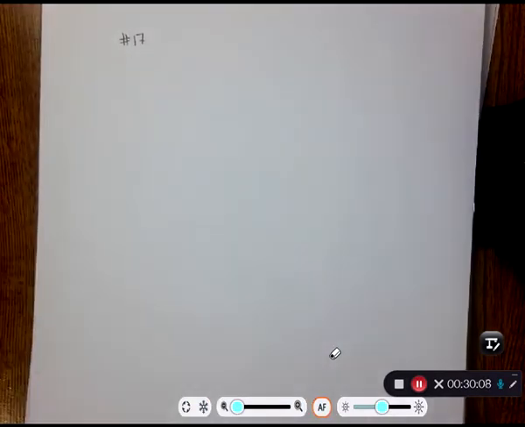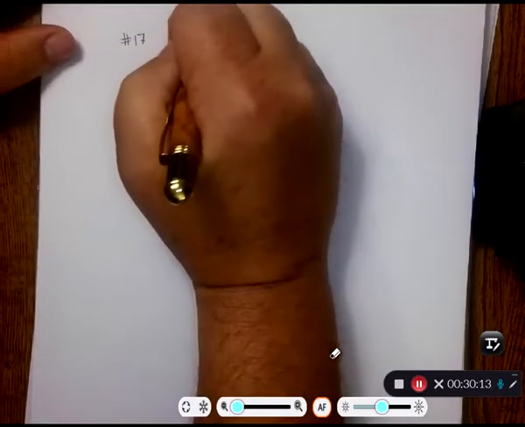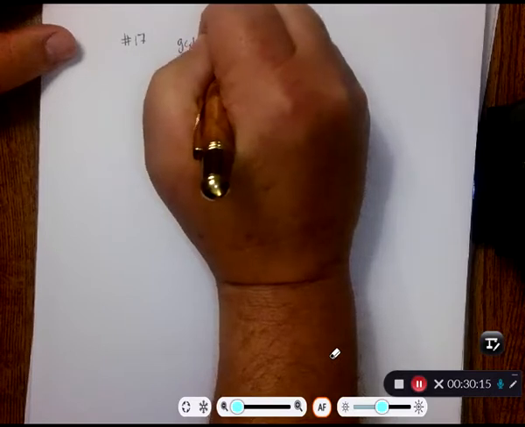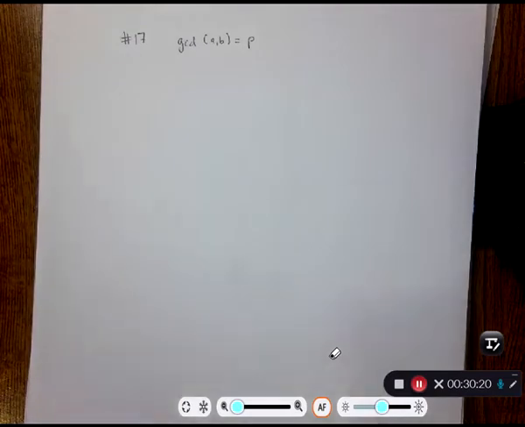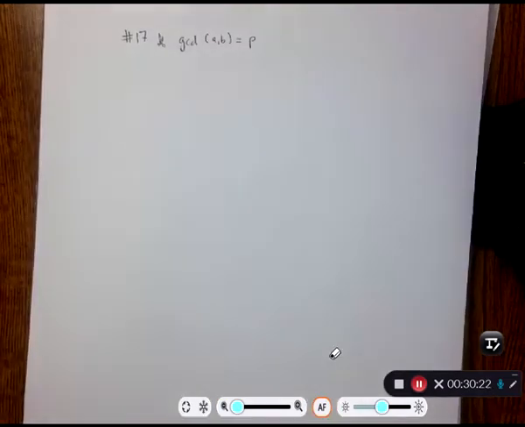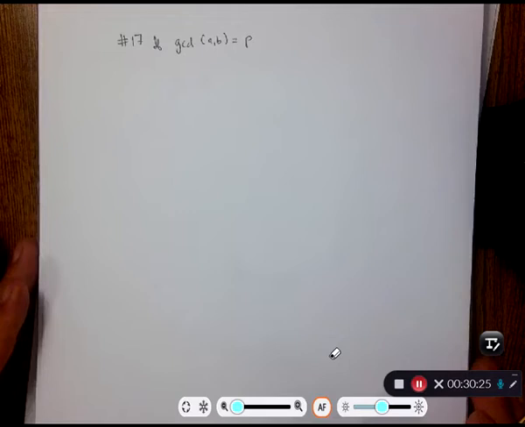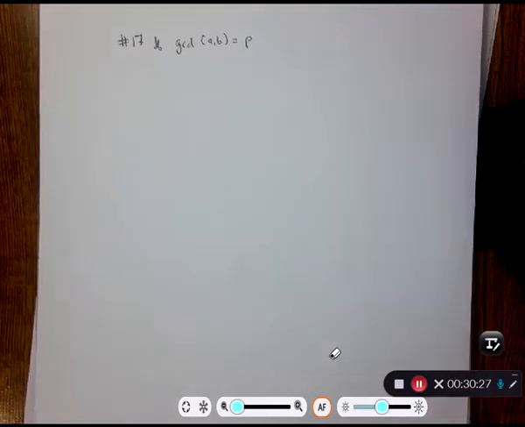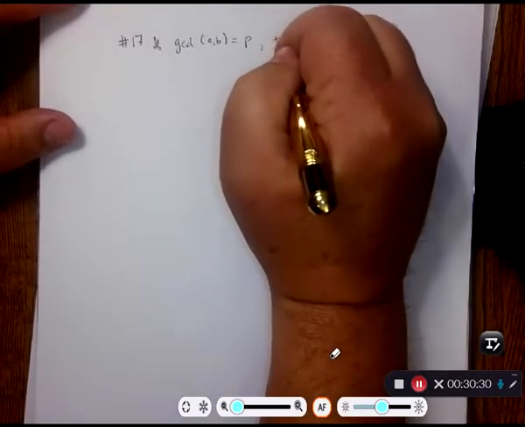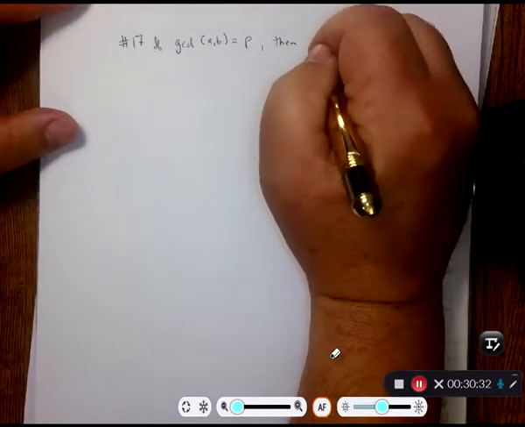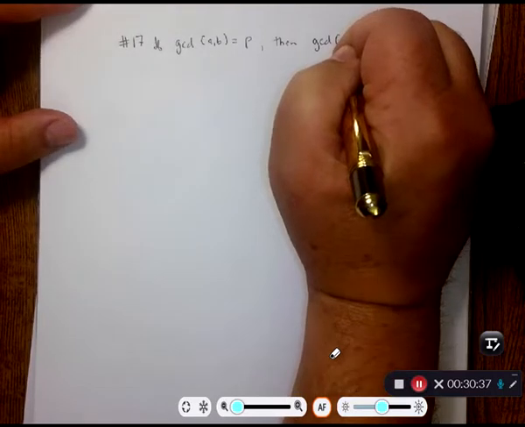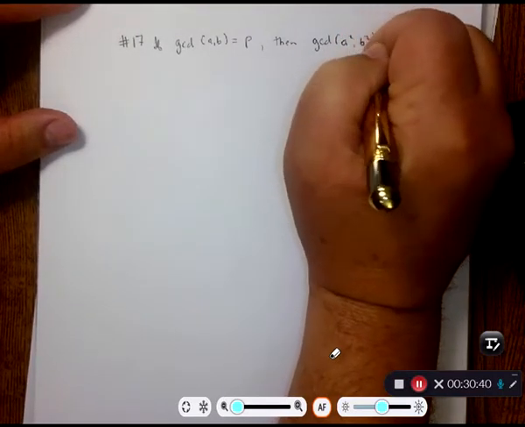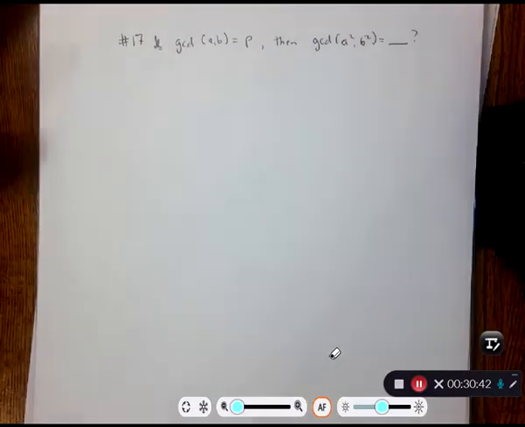We were given that the GCD of A and B, which are integers, is equal to P. If the GCD of A and B is equal to P, then what's going to happen for the GCD of A squared and B squared? What would that be equal to?